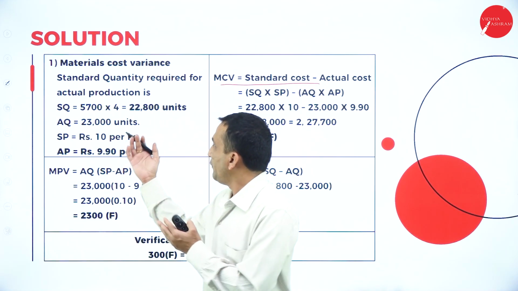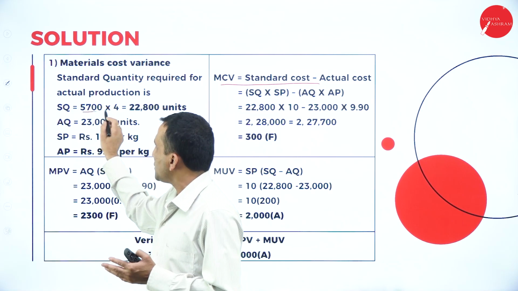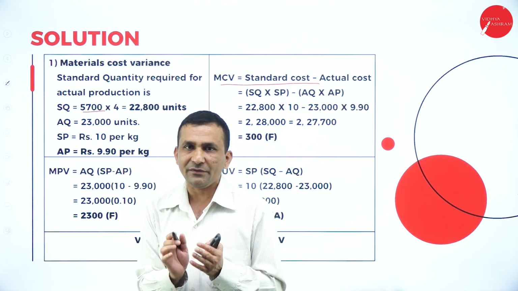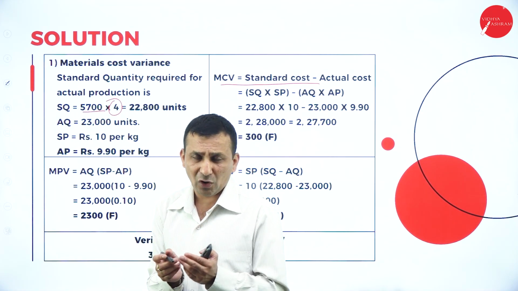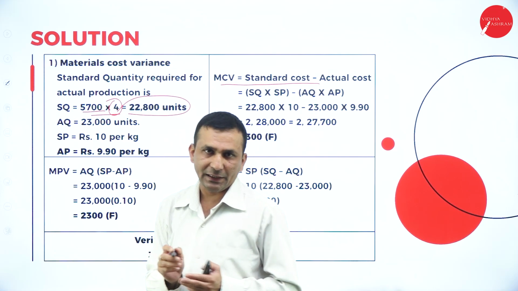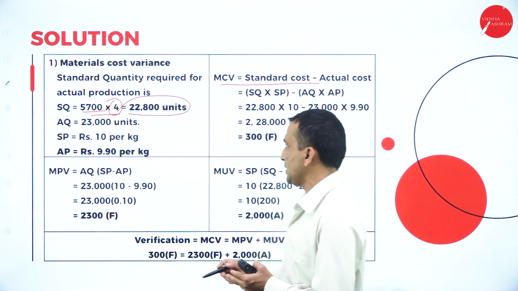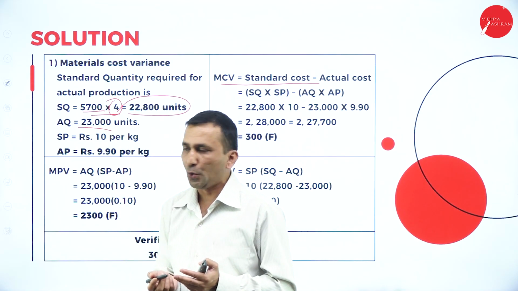So with the help of the data in the question, because we are producing 5,700 units, the consumption of material for producing one product is 4 kg. If you multiply, the standard quantity we get is 22,800. The actual quantity given in the question is 23,000.